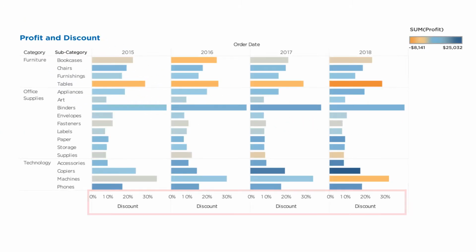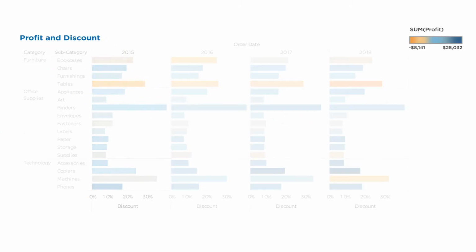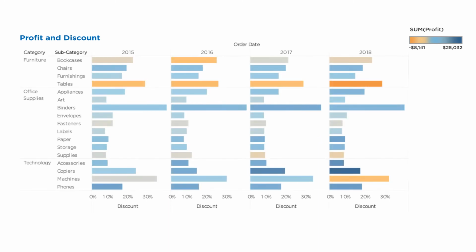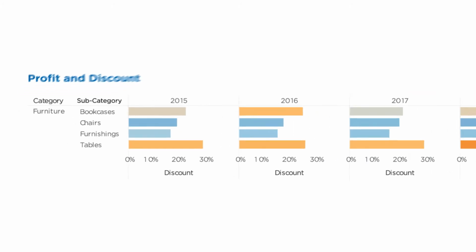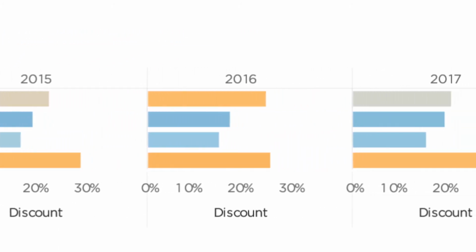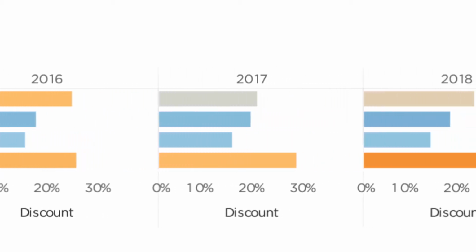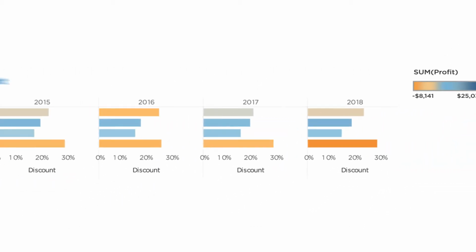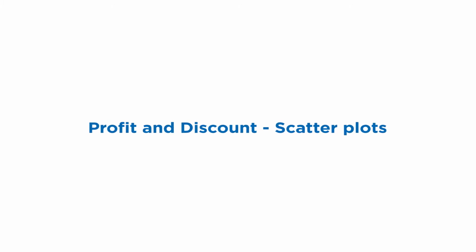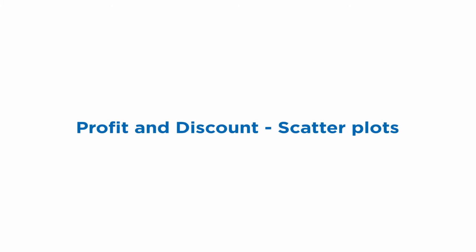Discount is another interesting feature that affects sales. It might be interesting to see if high discount is actually the reason for low profit. Looking at the bars, the furniture category shows some kind of relation between high discounts and lower profits. But a clear relationship between the two variables cannot be formed. Scatter plots can provide for better representation in such a case.